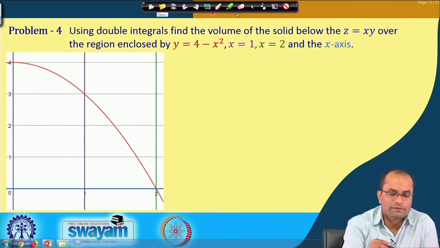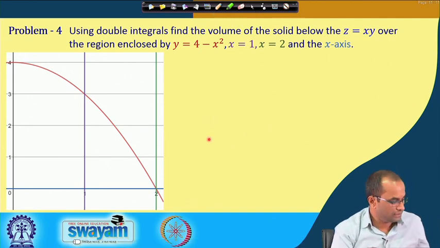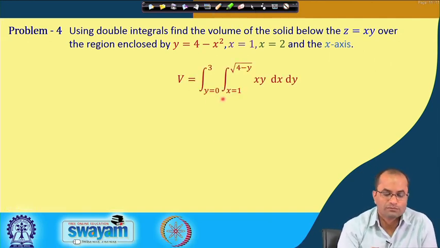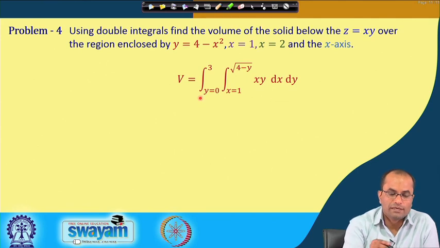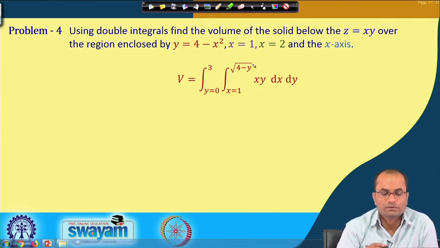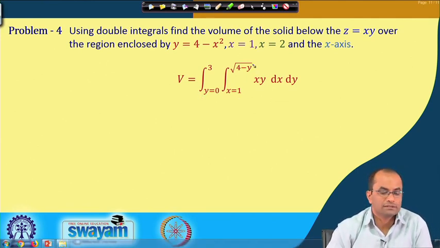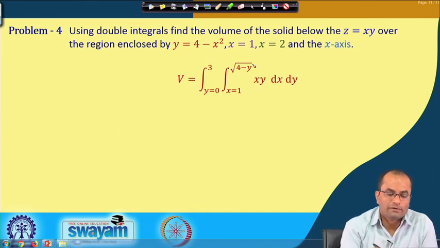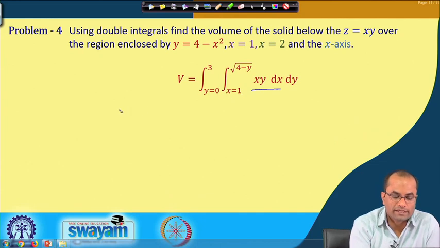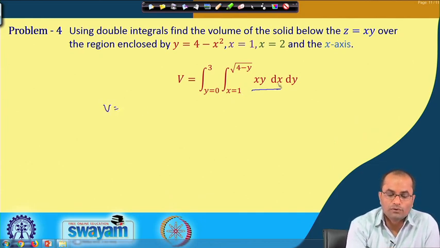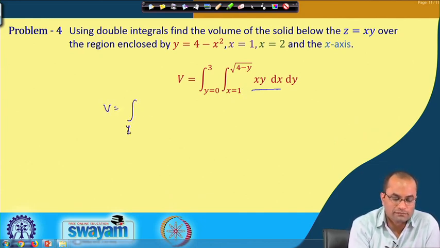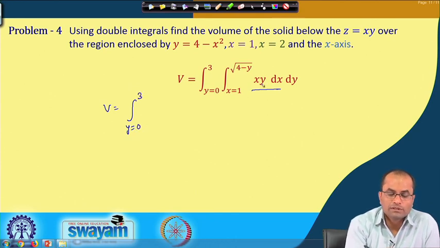So, now let us evaluate this integral. Here, this was the limit we have just seen. So, x from 1 to square root 4 minus y, and y is 0 to 3, and we want to integrate this with respect to x first. So, the volume V, with respect to x, we have to integrate first. That means this will be x square by 2.